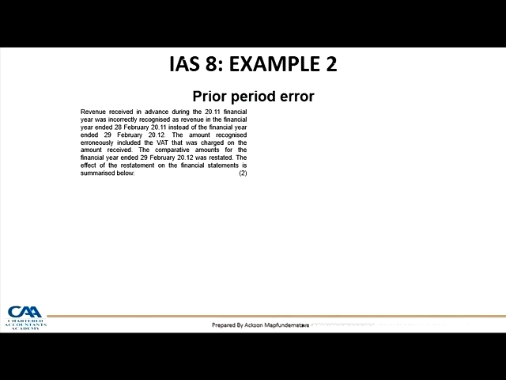Now, you do not need to go into detail discussing things like VAT implications on late payment, such as interest and penalties or whatever. Just mention that there was an error in recording the revenue and there was an error in recording the VAT, and then you continue.